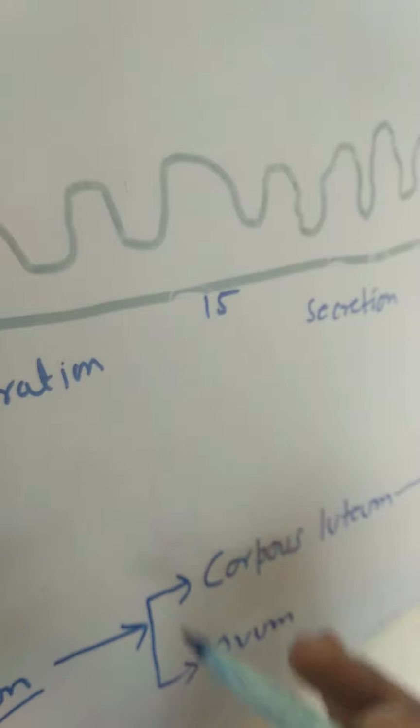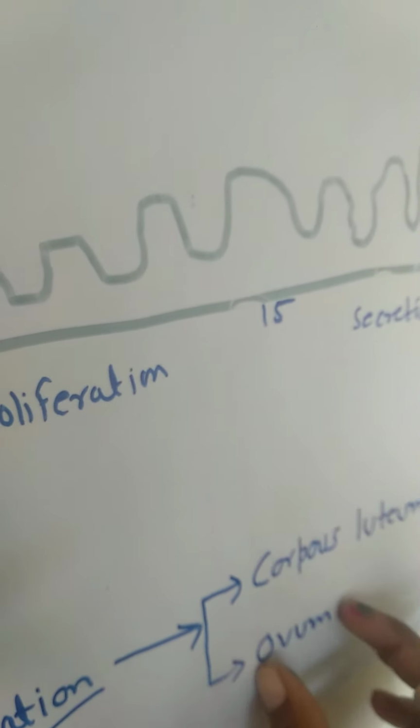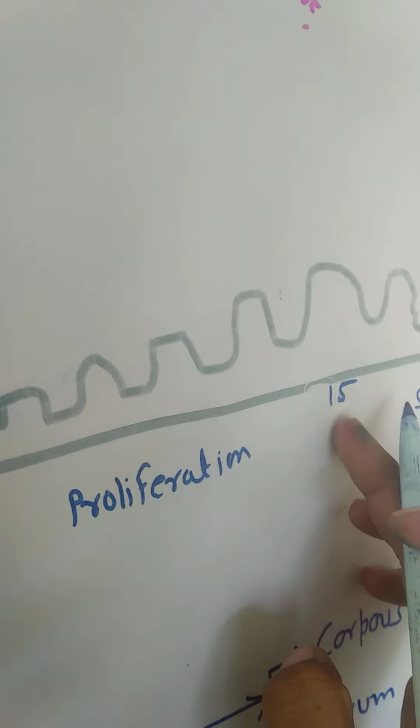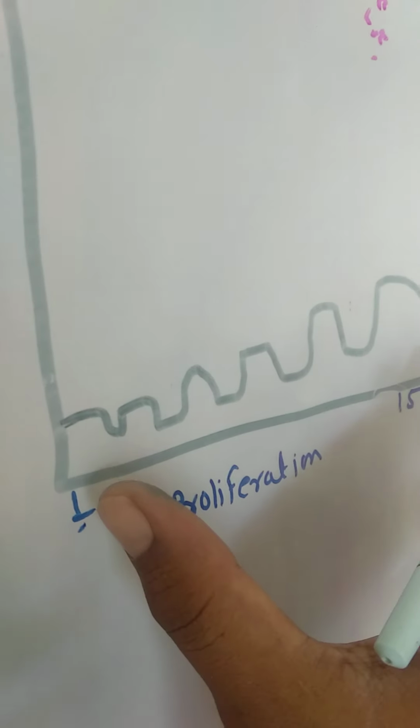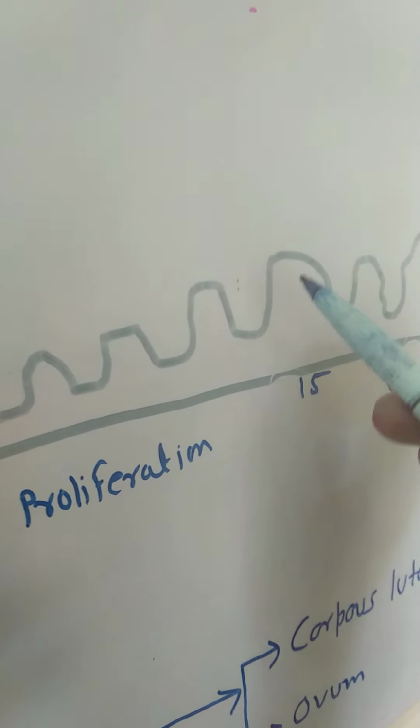Then one question will come, sir, what is ovum and what is corpus luteum? So during 15 days, see the graph I have prepared for you. This is the first day and this is the 15th day. In between these 15 days, estrogen hormone and luteinizing hormone release the ovum.